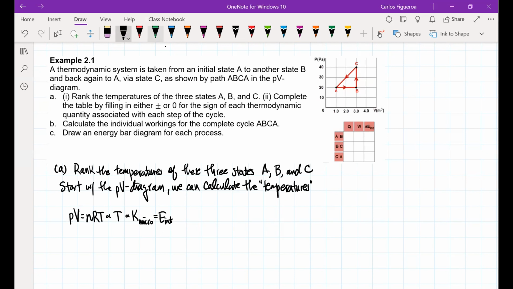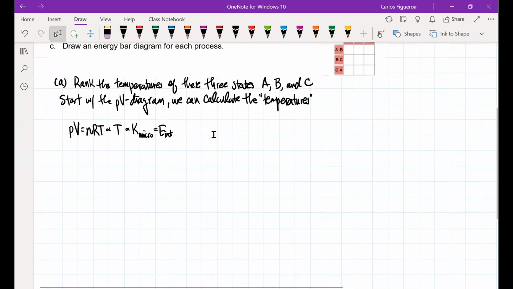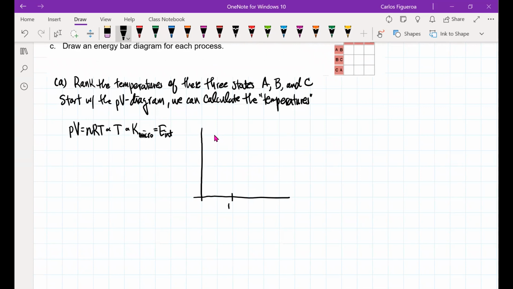I'm going to redraw my PV diagram. So here's my PV diagram. I'm going to call this 1.0, 2.0, and then right here 3.0.